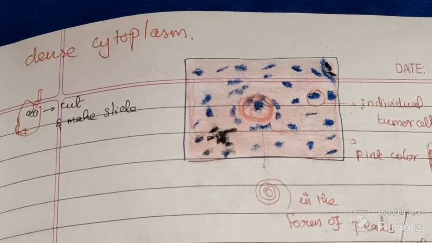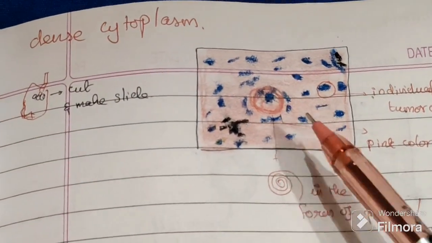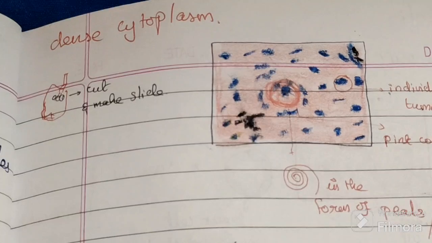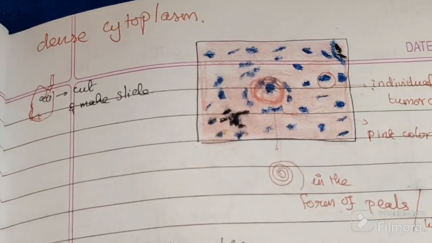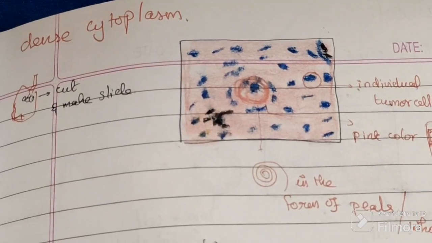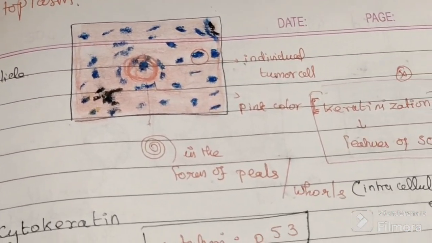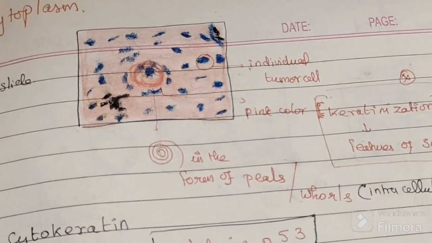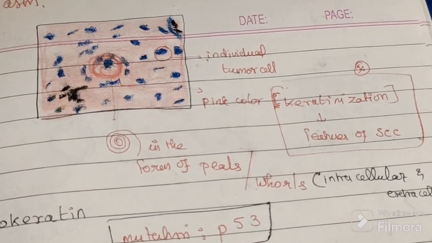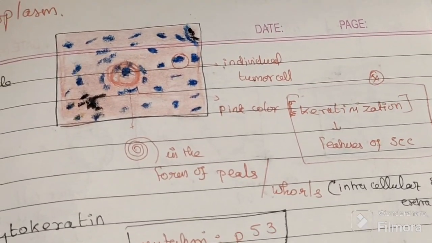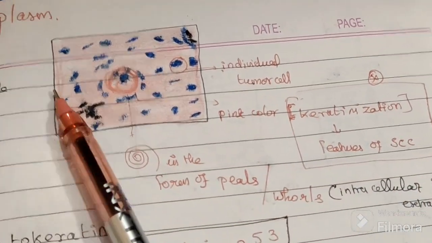There is some pink material outside the cells, and inside these cells also pink material is present. That is called keratin. So the important feature of squamous cell carcinoma is keratinization, the pink material.